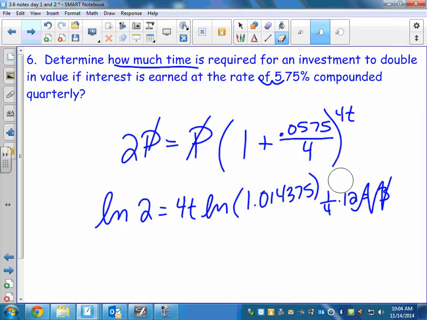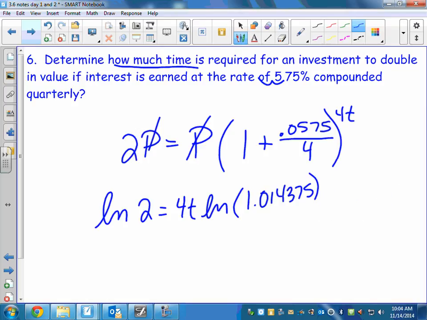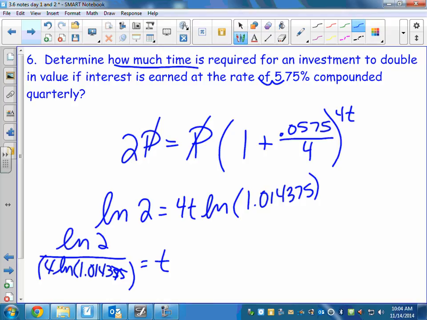And if you feel like you're going to forget to put parentheses on the bottom when dividing by 2 things, just divide twice. Divide by 4 and then divide by the ln, or divide by the ln and then divide by 4. But I think you should end up with ln of 2 divided by 4 ln of 1.014375, and you have to put all that on the bottom.